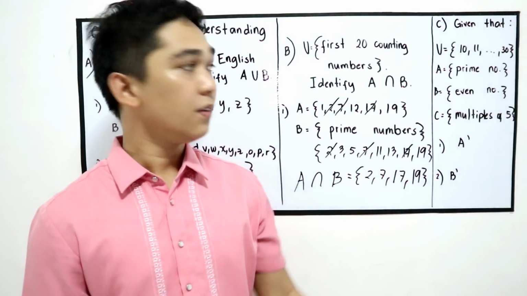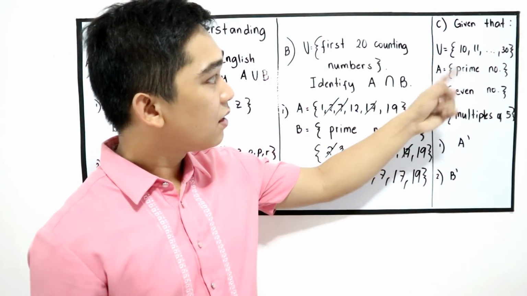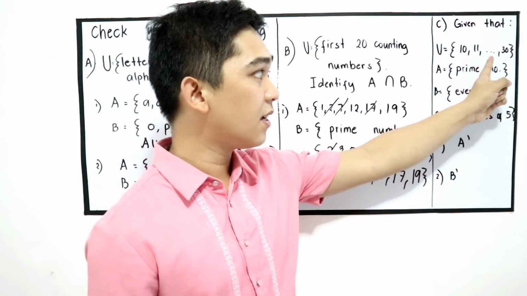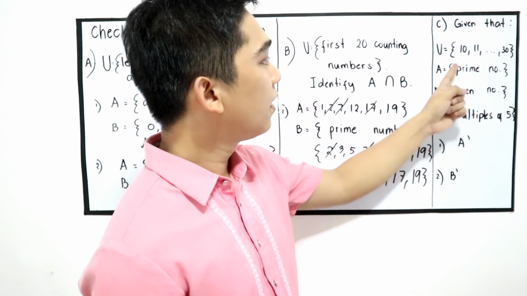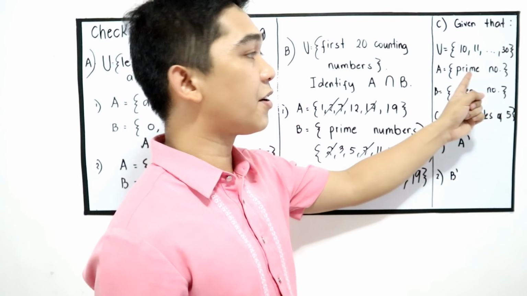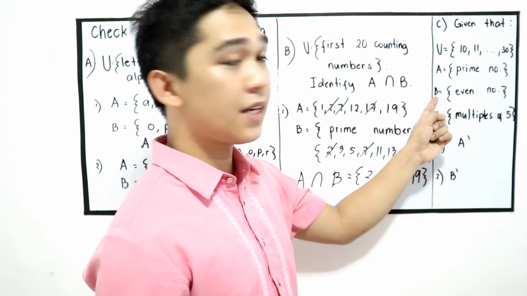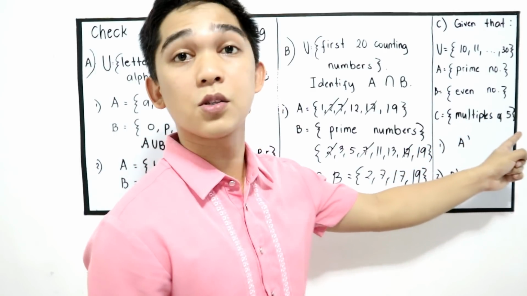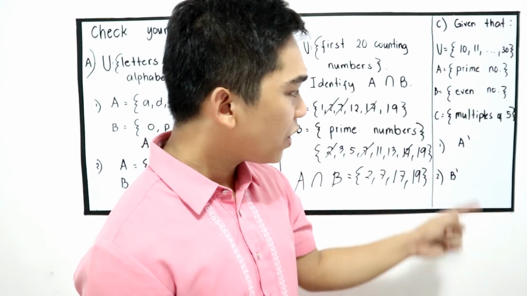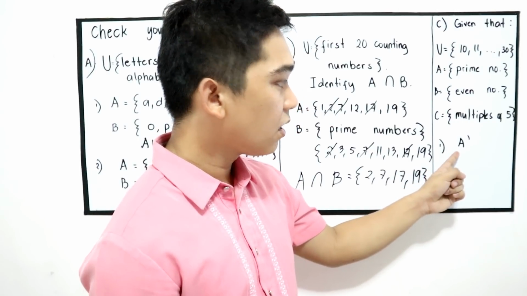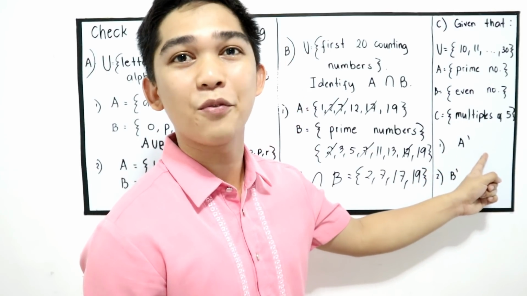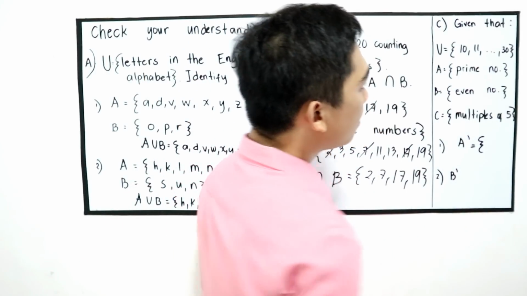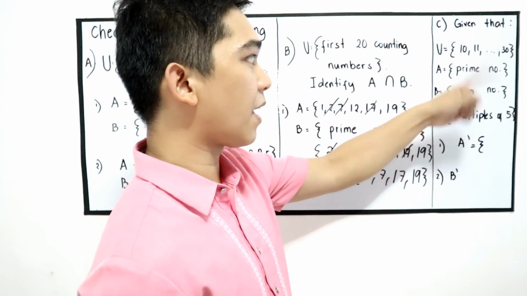Next, given the universal set 10, 11, ellipsis, until 30. A are the prime numbers, B are the even numbers, C are the multiples of 5. We're going to find A prime, or the complement of A. So prime numbers from 10 to 30.